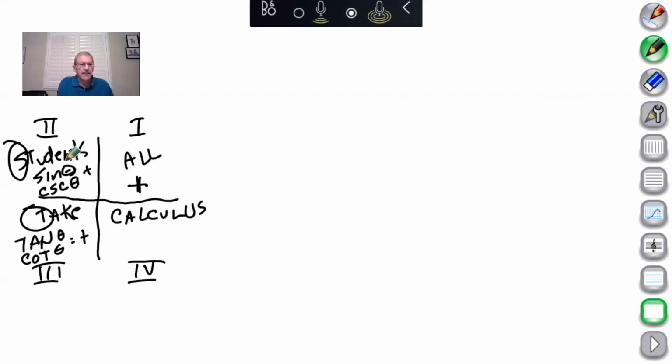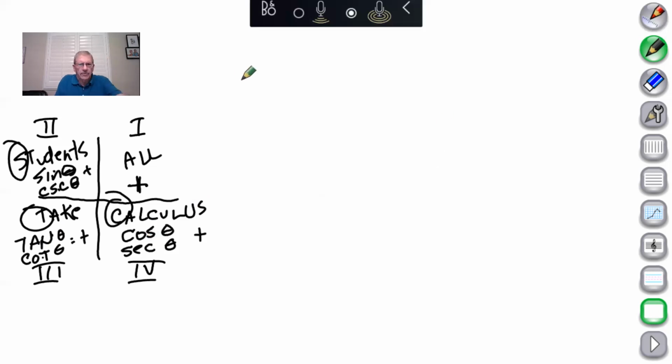In the fourth, what do you think C stands for? Cosine theta. Cosine theta and secant theta are reciprocal buddies, and they're the only two that are positive in that quadrant. So in the first quadrant all of them are positive: sine, cosecant, tangent, cotangent, cosine, secant.